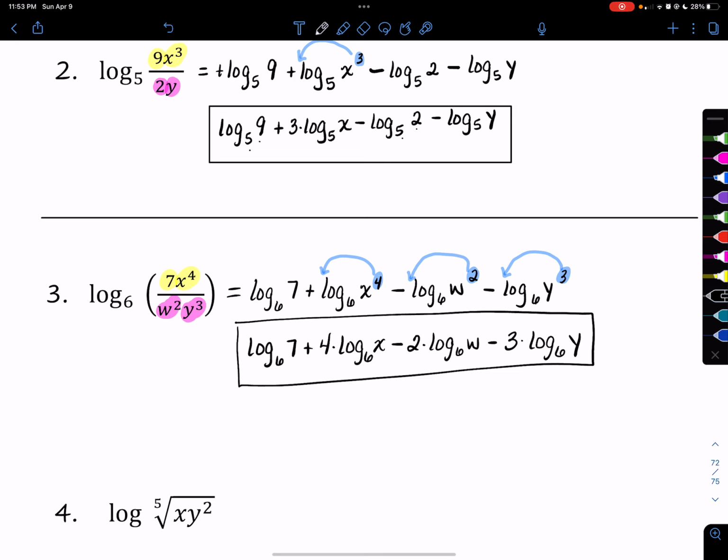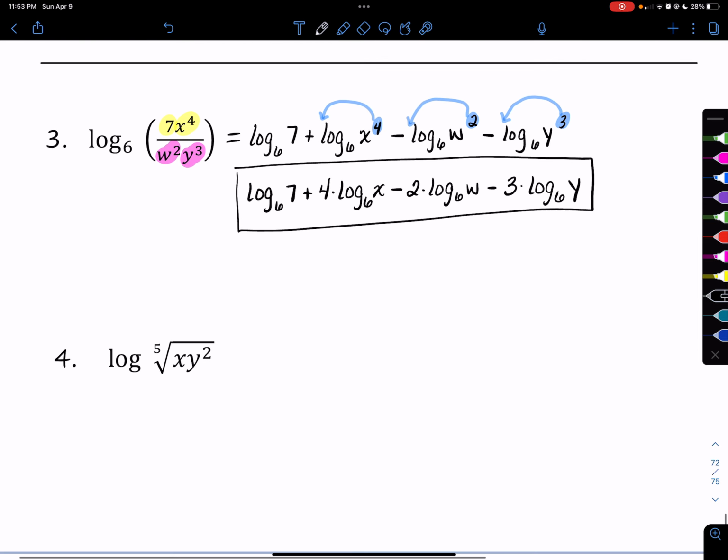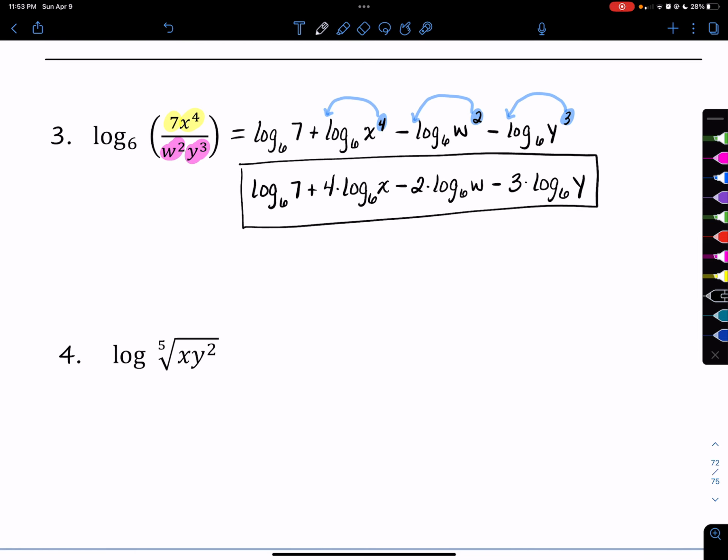Okay, that will be that, number 3, in expanded form. And let's go on to problem number 4 and write this one in expanded form.